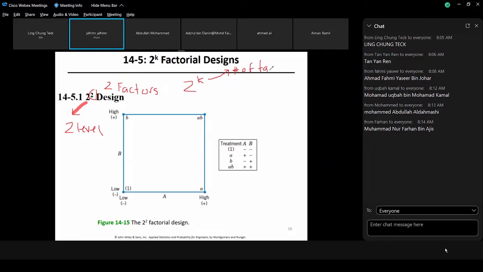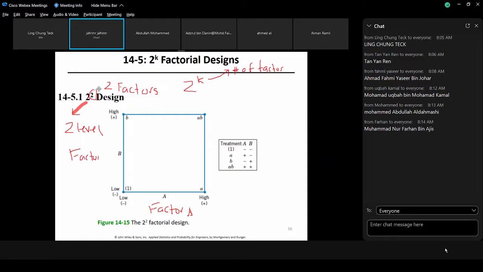That means it could be factors A, B, C, D, E, F. For today, it is 2, that means factor A and factor B. This is called factor A. Here, factor B.